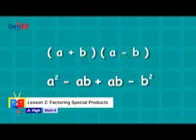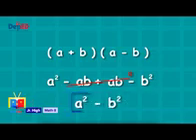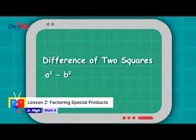We can simplify the polynomial by combining like terms, which will give us negative ab plus ab equal to 0. Hence, we are left with a squared minus b squared. This is a special product that we call the difference of 2 squares.